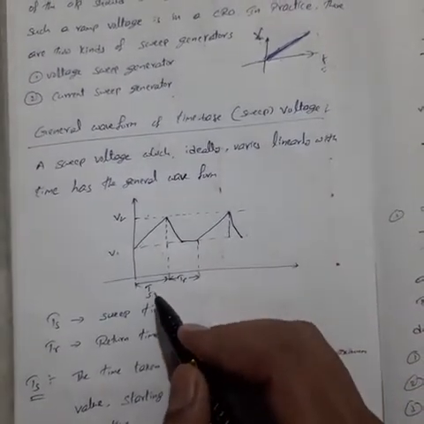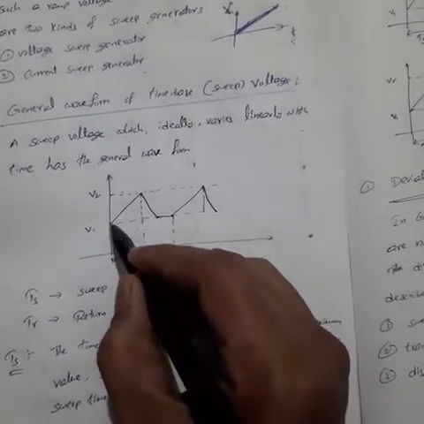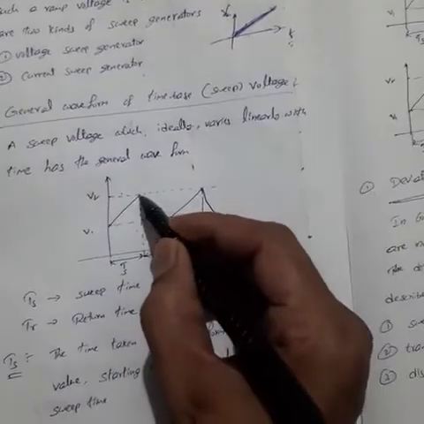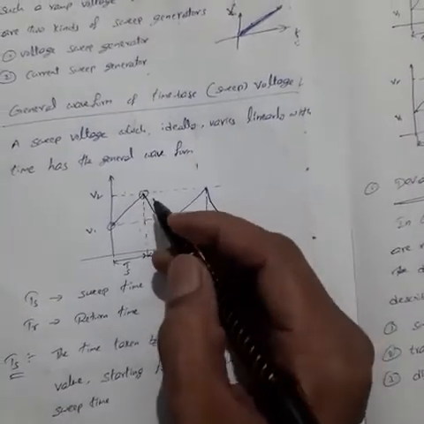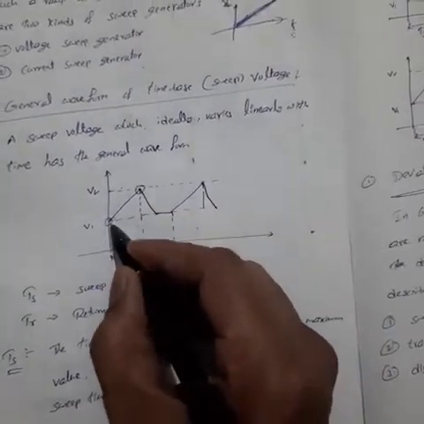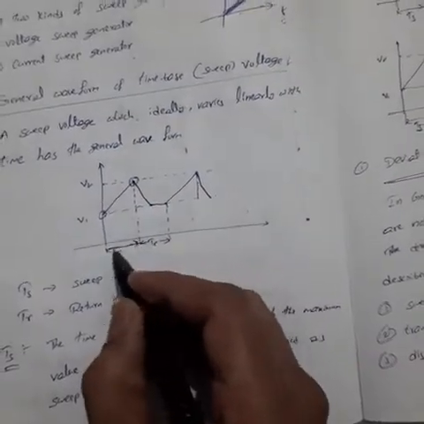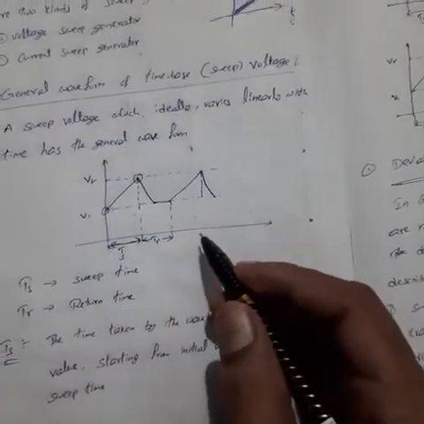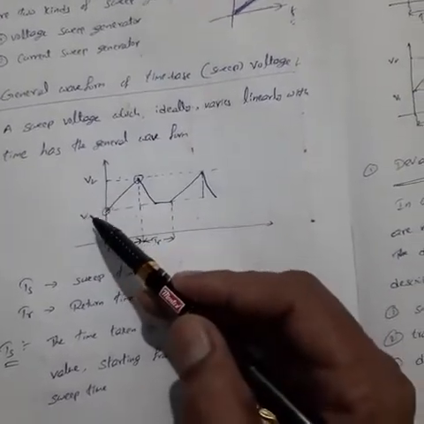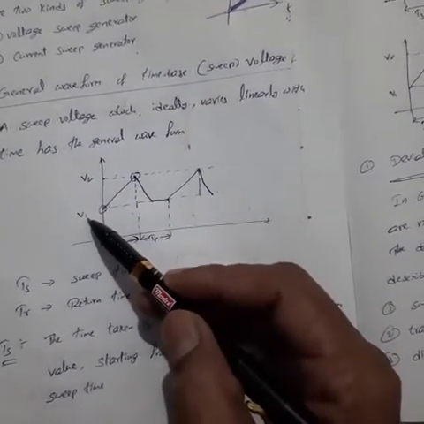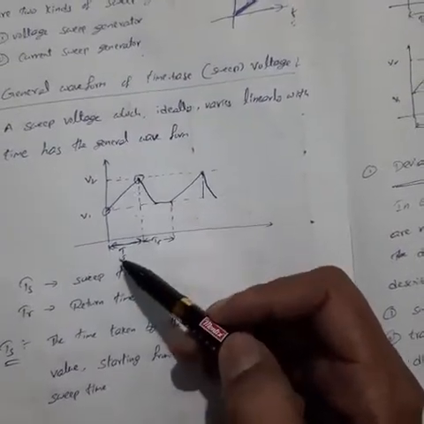The time taken for the output waveform to go from its initial value to its maximum value is called Ts. Ts is nothing but the sweep time.